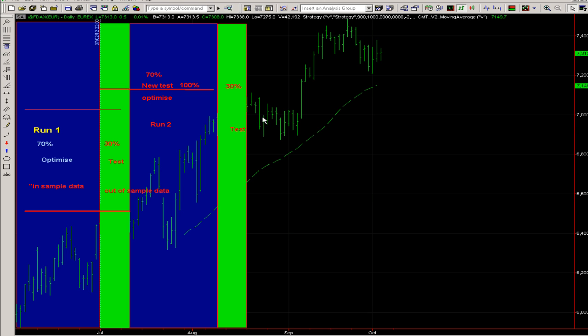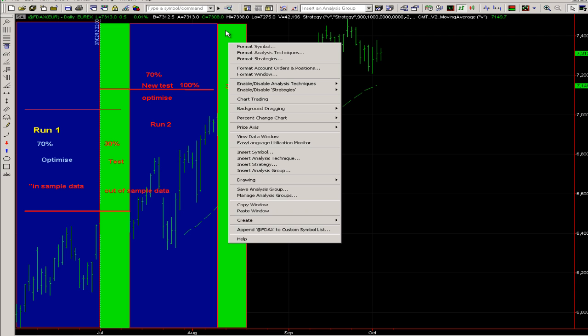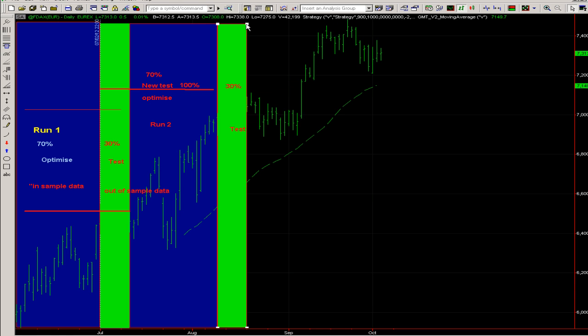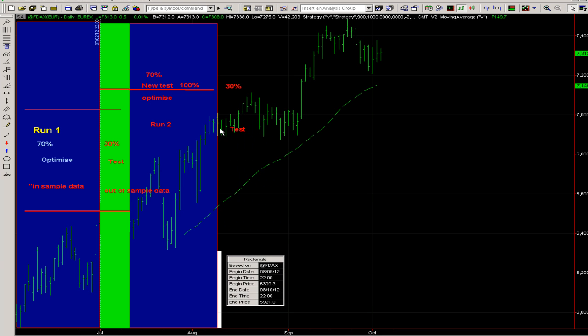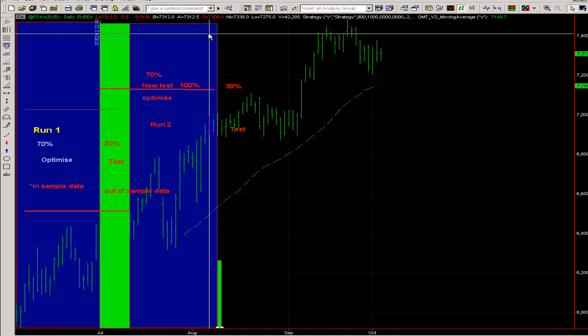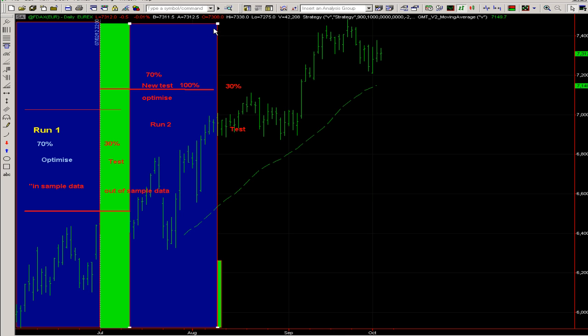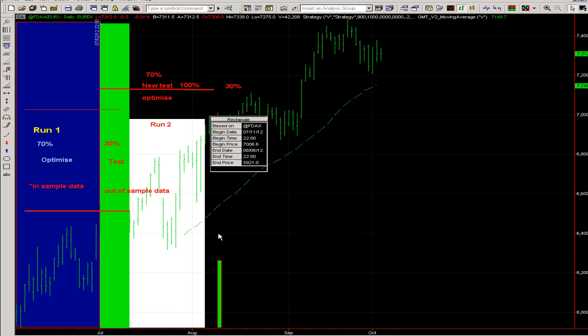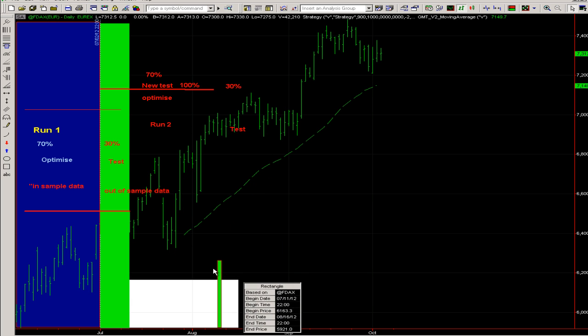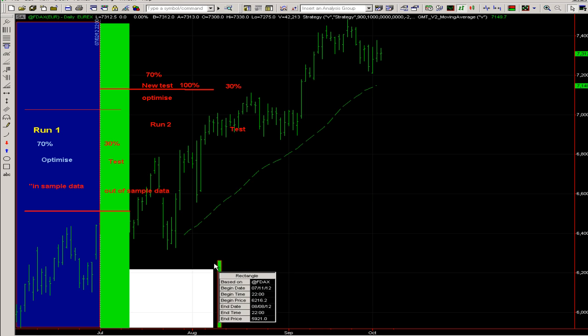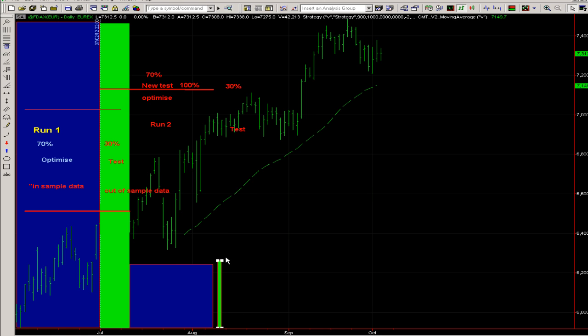But what I want you to focus on here, and I'll just get rid of this for a second, is the state of that moving average. If we have a look at this moving average here, you can see that there's a huge bias to the long side. So straight away we know that with any testing or system analysis we do, what's the first thing we're going to do when we set up our system to test it, and we're looking at a particular market when we do our market profiling?